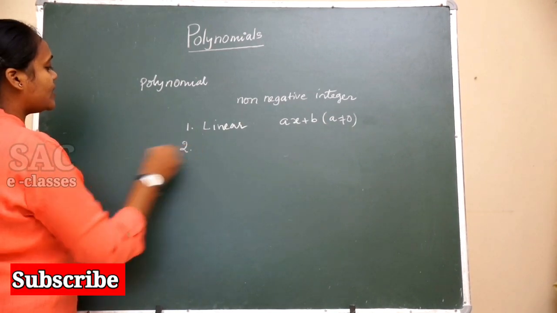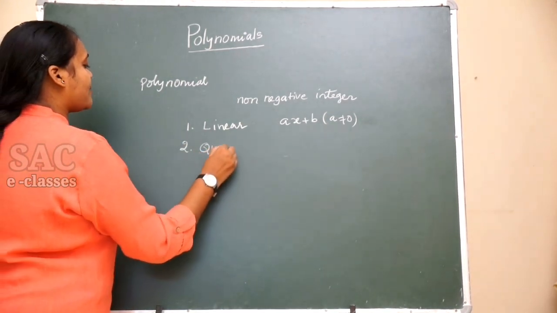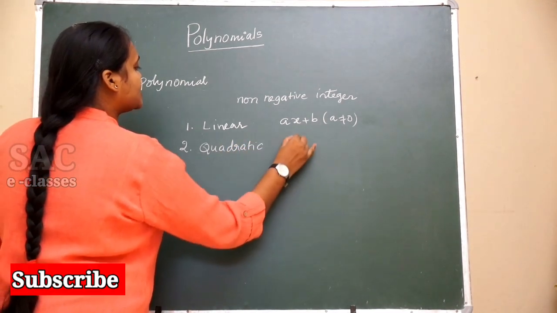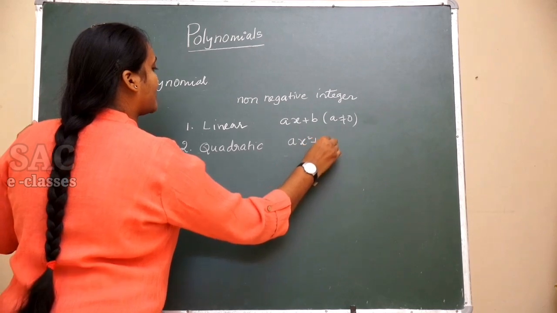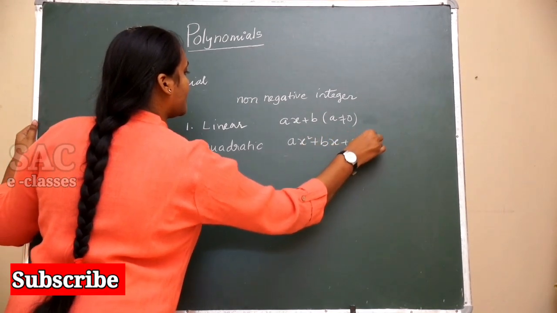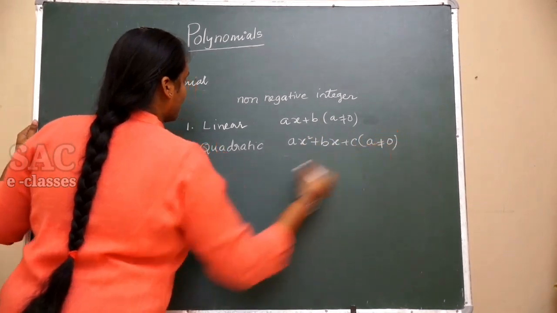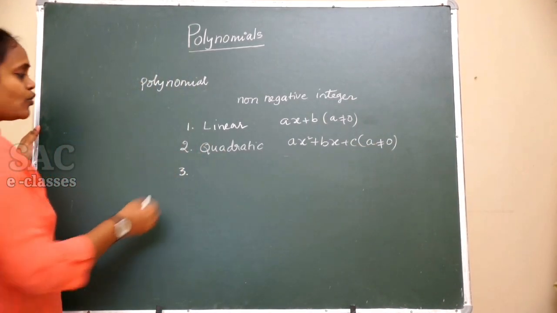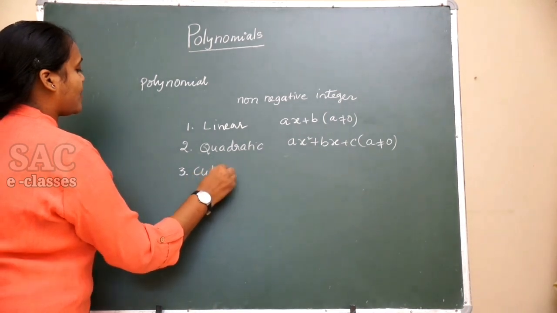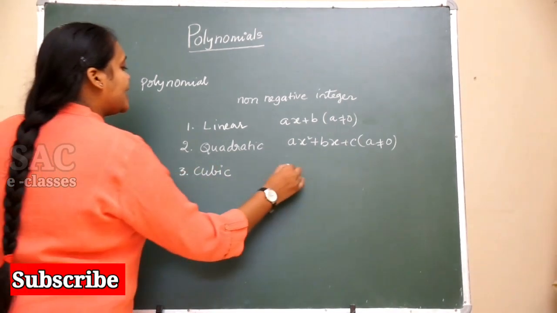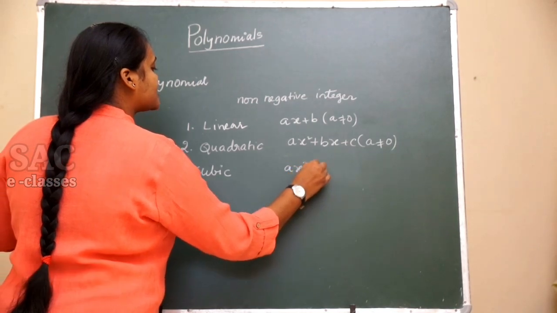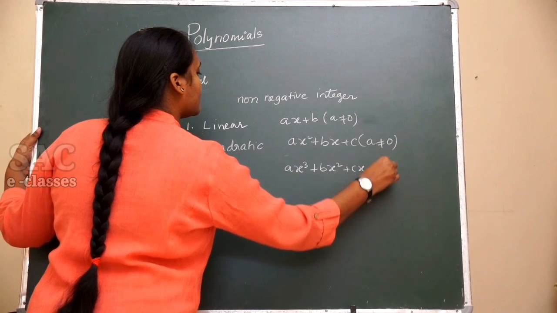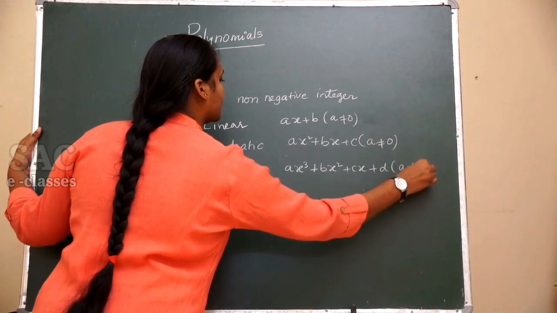Coming to the second one, it is a quadratic polynomial, and its general form is ax square plus bx plus c, where a is not equal to 0. If the degree is 3, we call it a cubic polynomial, and its general form is ax cube plus bx square plus cx plus d, where a is not equal to 0.